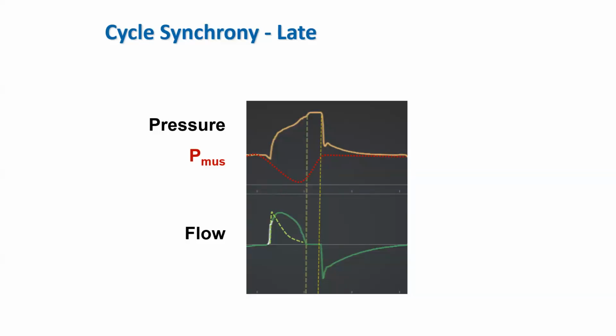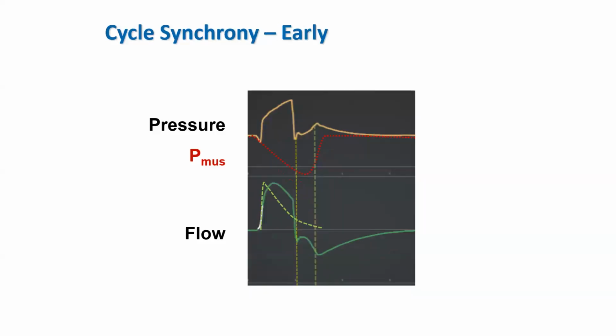And so you get this little sort of inadvertent inspiratory hold, and that's your hint that this is a late cycling phenomenon. So you see patient effort indicated by the distortion of the flow waveform. Patient relaxes, can't exhale, so you're stuck right here until the ventilator cycles off. Late cycling.